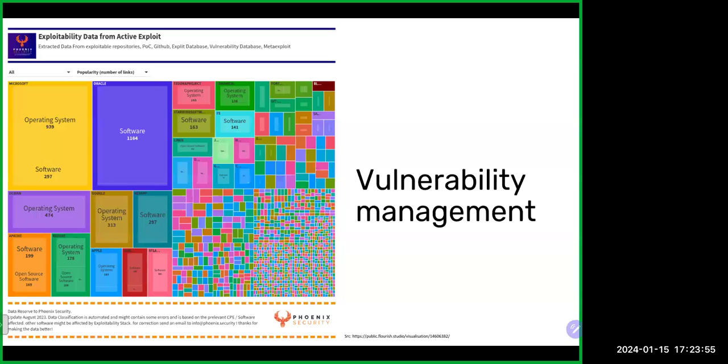Now moving to vulnerability management, I think there was a very good presentation from Francesco from Phoenix Security, where he mentioned the analysis of a number of commonly or actively exploited vulnerabilities, and mapping them per software, operating system, or, for example, environment and vendors, and there are a number of criteria.